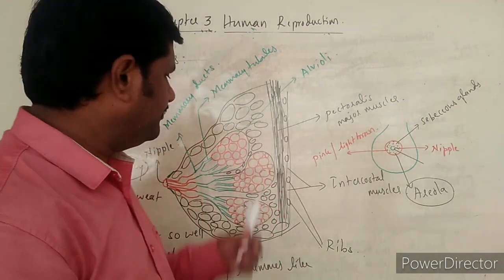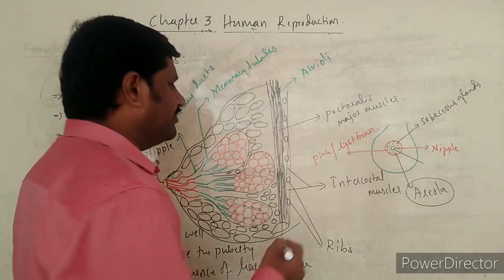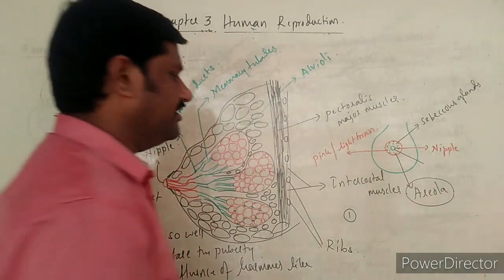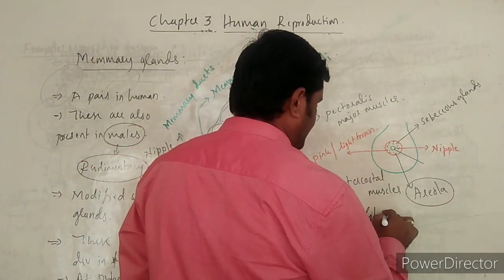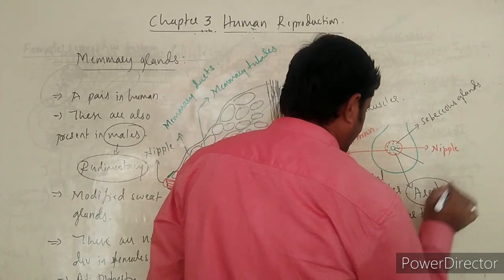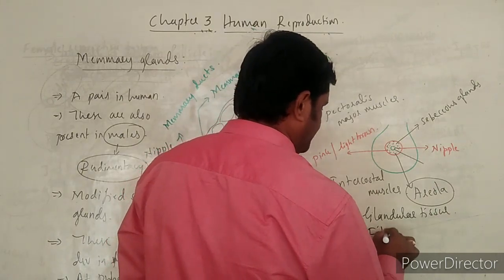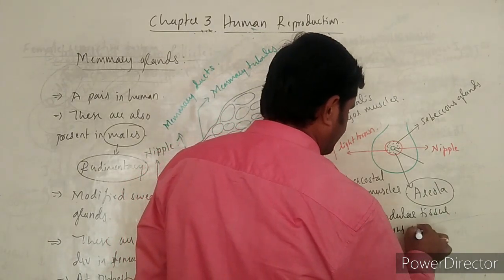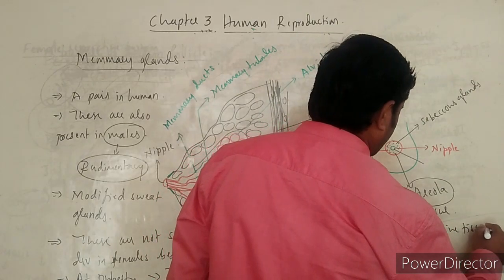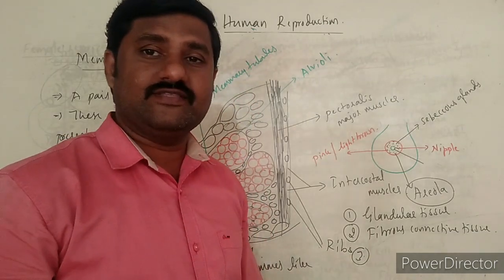And whenever you see this mammary gland internally, what are the things that you come across here? The first one is glandular tissue. The second one is fibrous connective tissue. And the third one is a very important one. What is the third one?